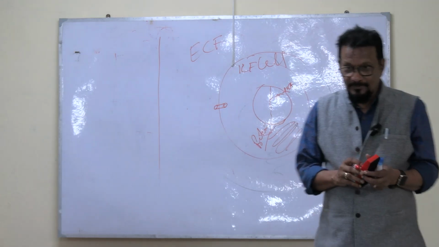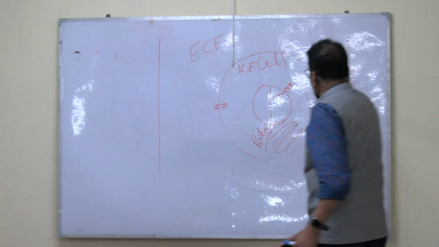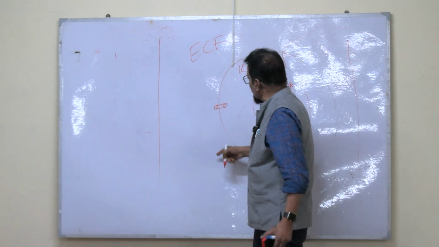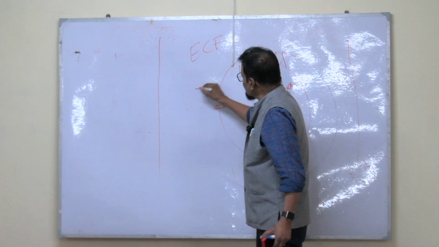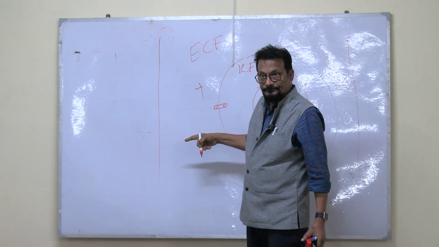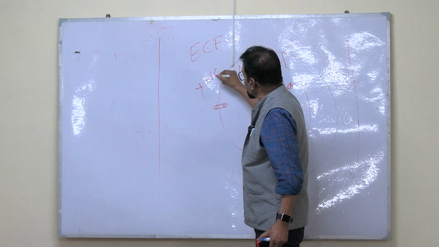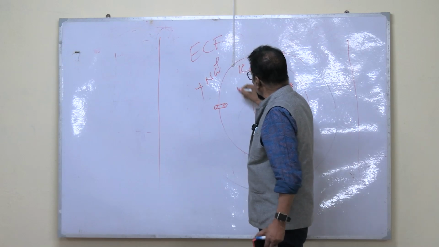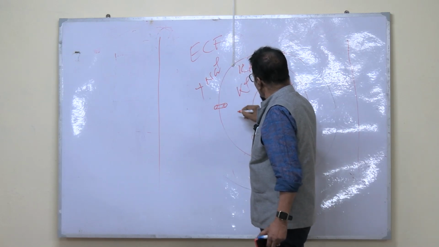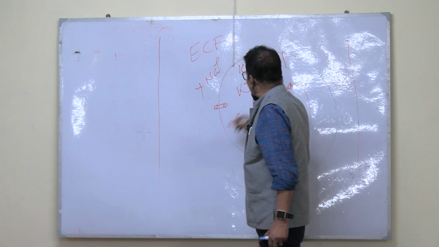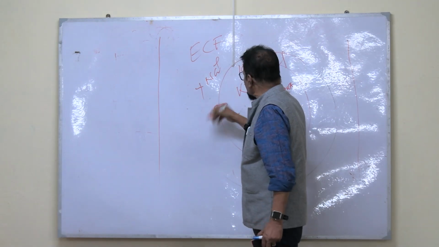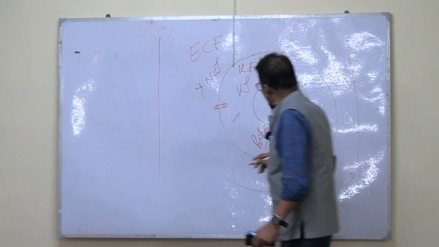Why? Because the cell could see there is more positively charged ion outside, particularly sodium ion, and here more potassium ion and more negatively charged ion. Initially it was equal, now what will happen?